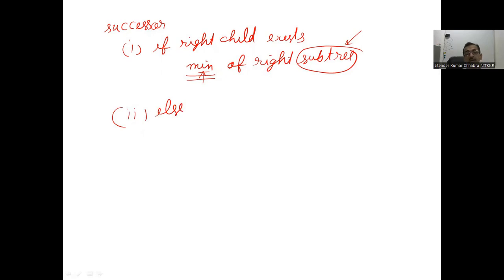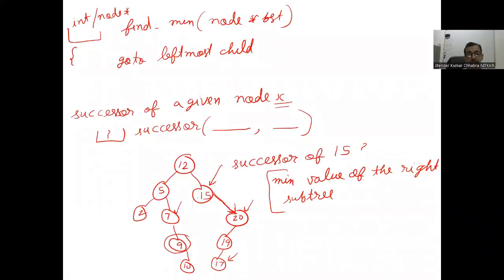For example, going back, I say I want to find out the successor of 10. Now 10's right child doesn't exist. Now 10's successor, I can easily see if I do the in order traversal, will come out to be 12.